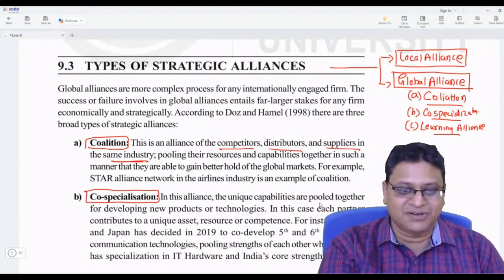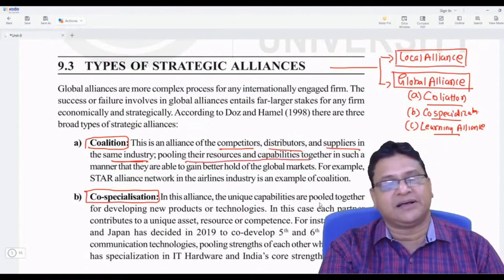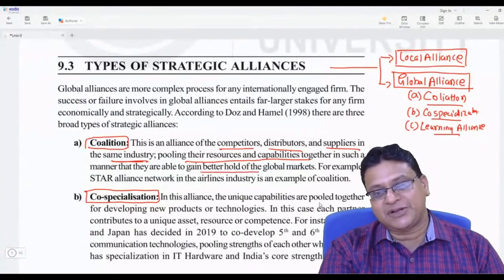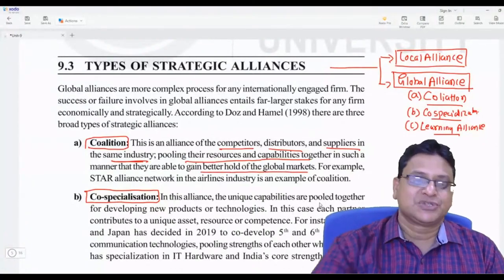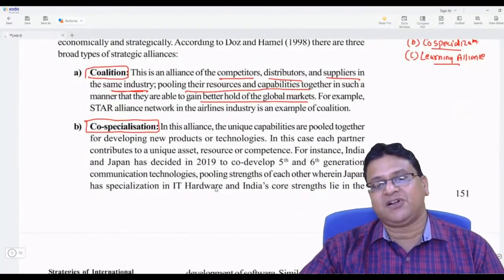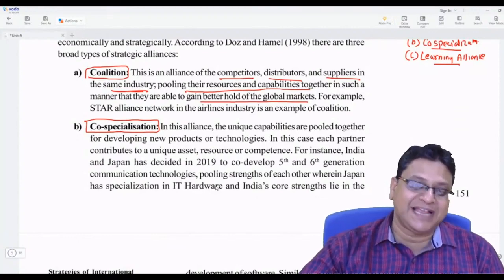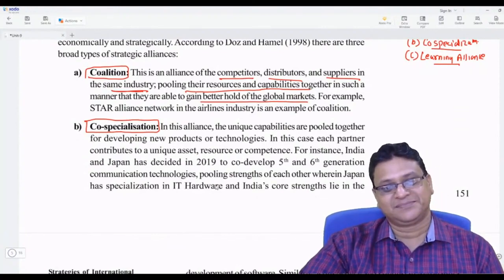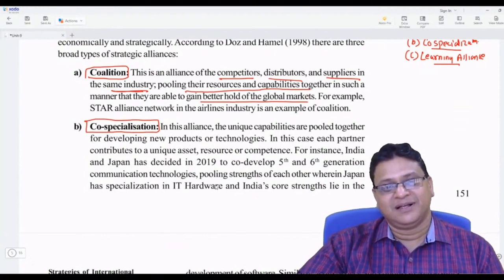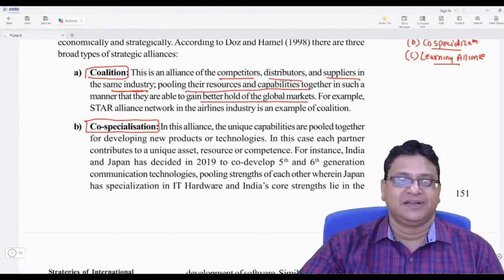And in coalition, these firms pool their resources and capabilities together in such a way that they are able to gain better hold of global markets. Most important thing is all are of the same industry and they pool their resources to gain better hold of the global market.